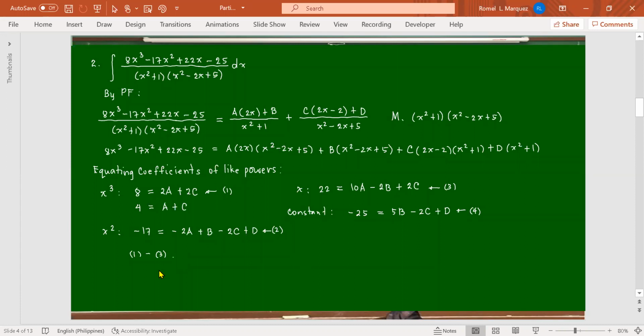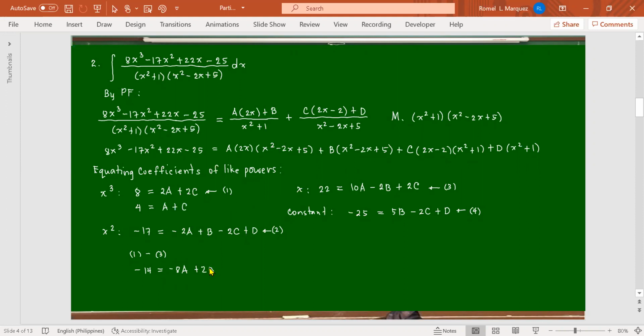Getting, again, 8 minus 22, that is negative 14. That is equal to 2a minus 10a, that is negative 8a, 2c minus 2c is 0, then 0 minus negative 2b is positive 2b.